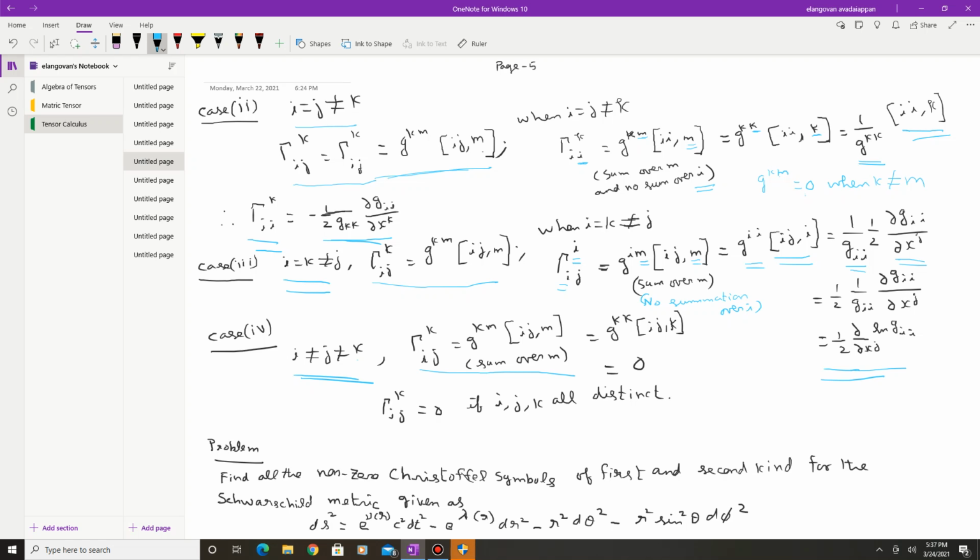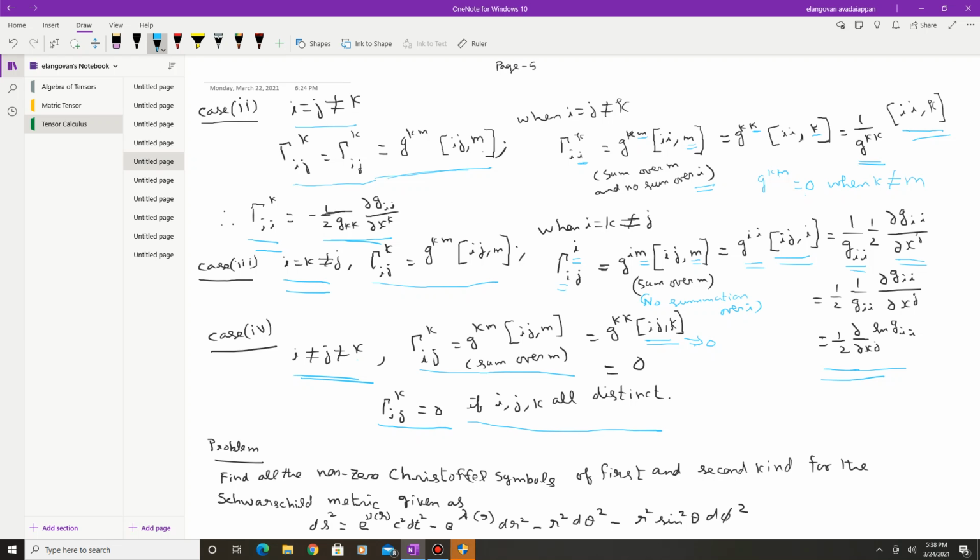Since all are different, this is 0. This is already calculated previously. So the Christoffel symbol of the first kind is 0 if all are distinct. Therefore this expression becomes 0. So gamma k I j is 0 if all are distinct. So the Christoffel symbols of the first kind as well as the second kind are 0 if all are distinct.